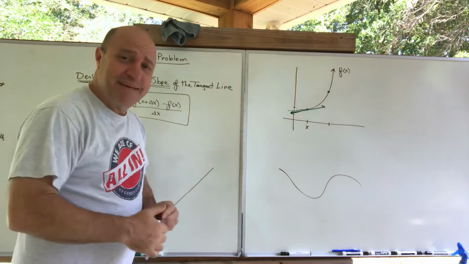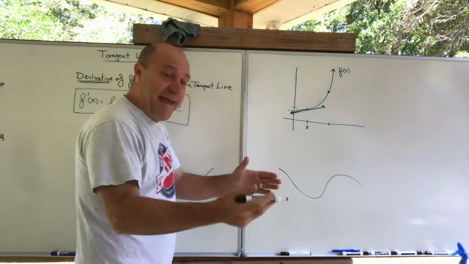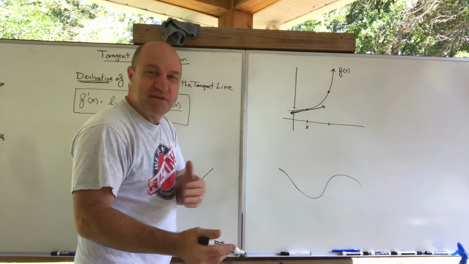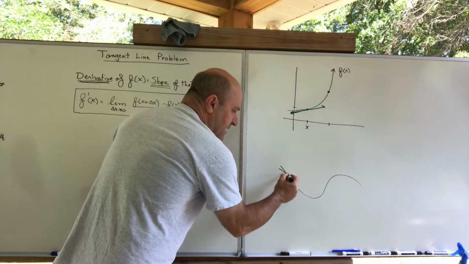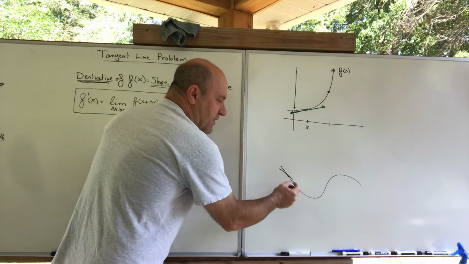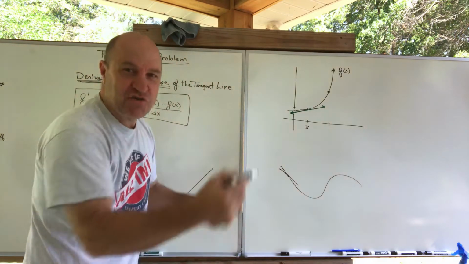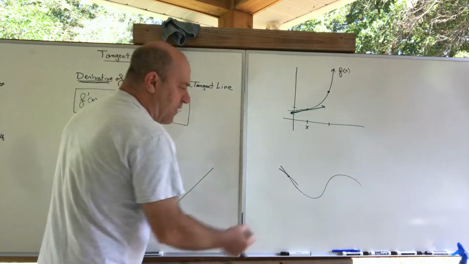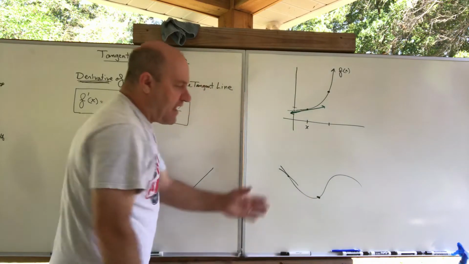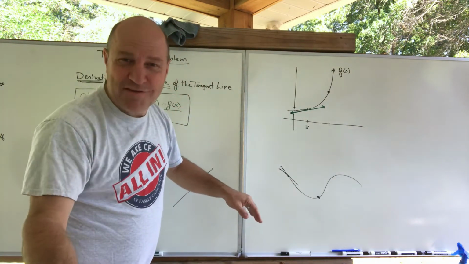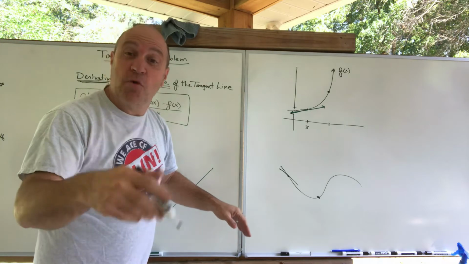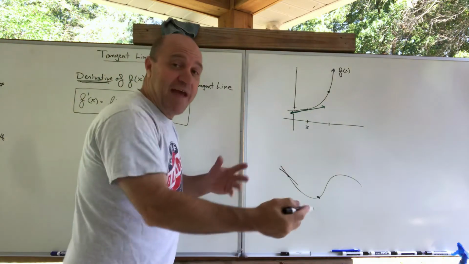But the concept is, to get the slope of a curve at any point, what we do is we draw the tangent line at that point. So if I wanted the slope at that point, it's the slope of that line, which is tangent to the curve at that point. It's a curve, so it doesn't really have a slope, but it does when we say it's the slope of the tangent line to the curve at that point.